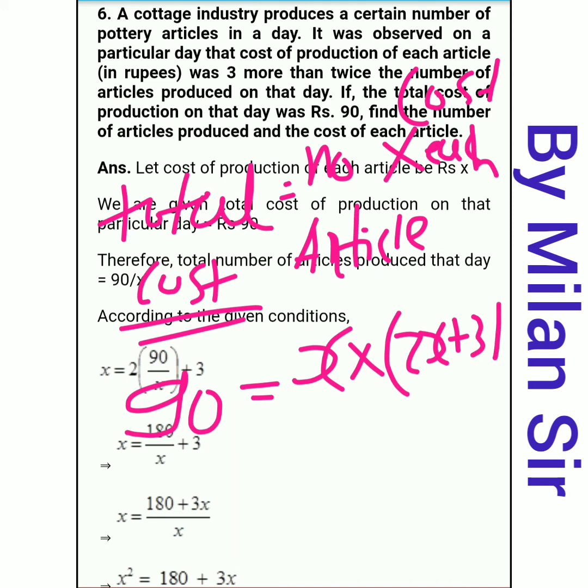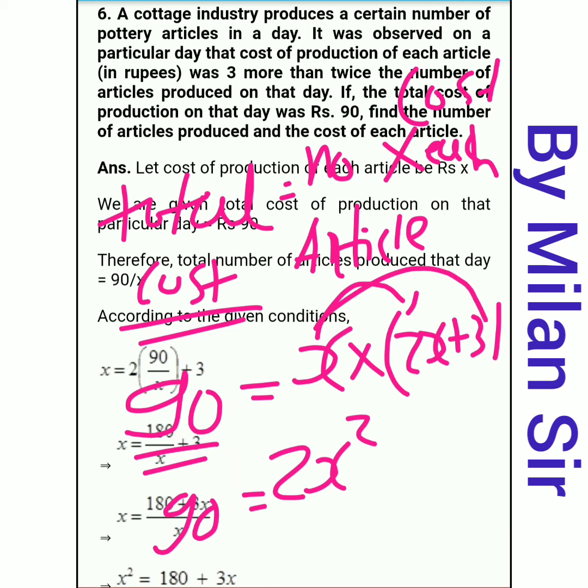So here we have 90. If we multiply x with this bracket, x multiplied by 2x is 2x square, and x multiplied by 3 is 3x. We need to transfer this 90 to the right hand side so that we get the standard form.